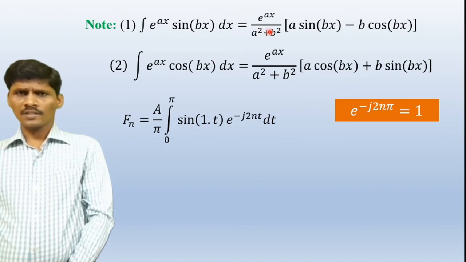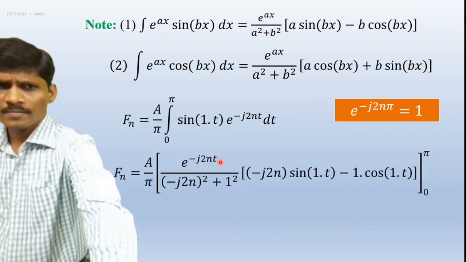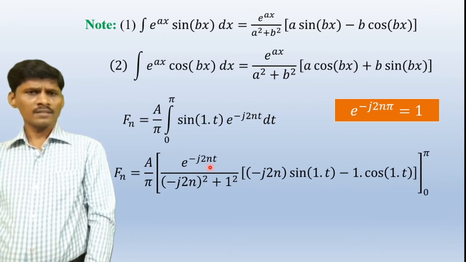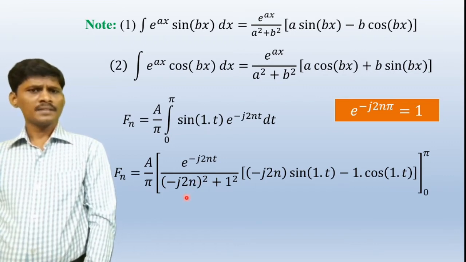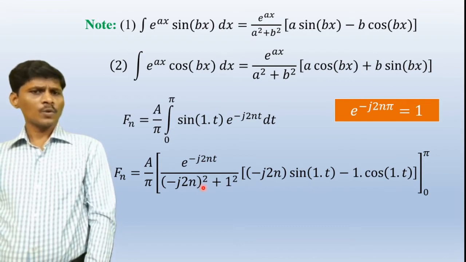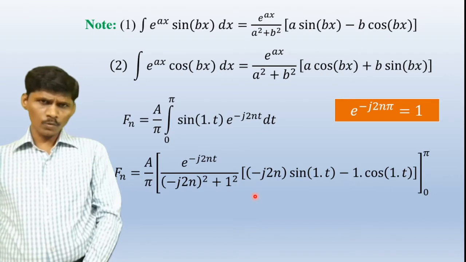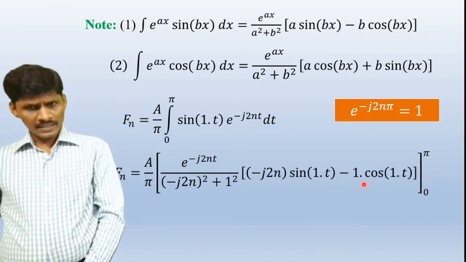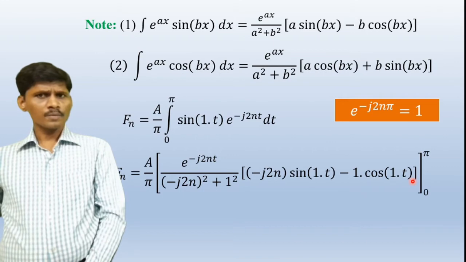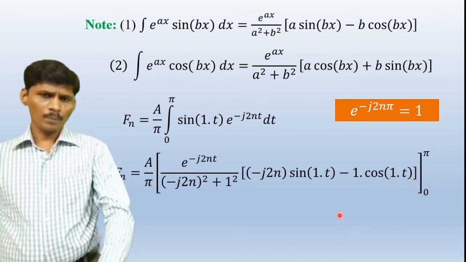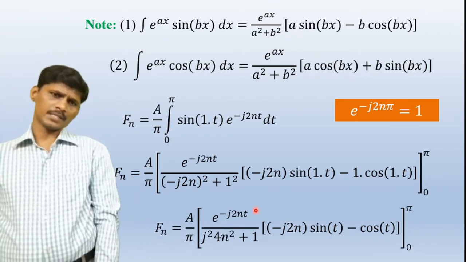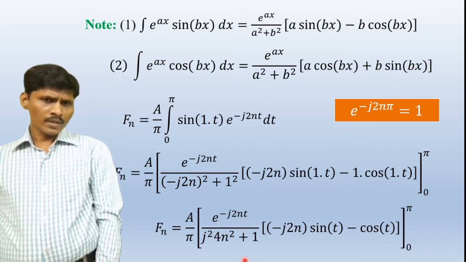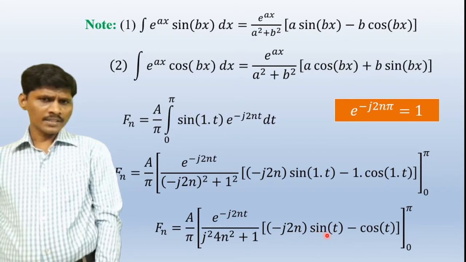Applying this formula to this equation, we get A by pi e power minus j 2 n t by a square, that is minus j 2 n whole square, plus b square, into a, that is minus j 2 n, into sin bx minus 1, that is b, into cos bx, over 0 to pi. That is A by pi e power minus j 2 n t by 1 plus j square 4 n square, into minus j 2 n sin t minus cos t.